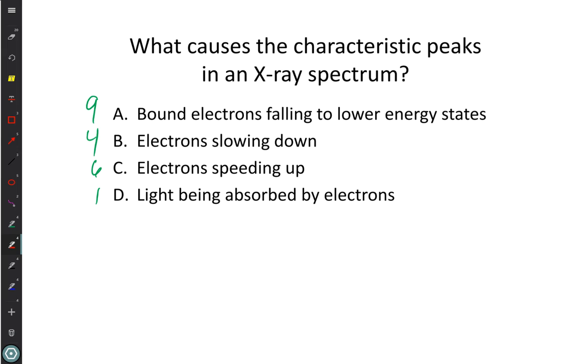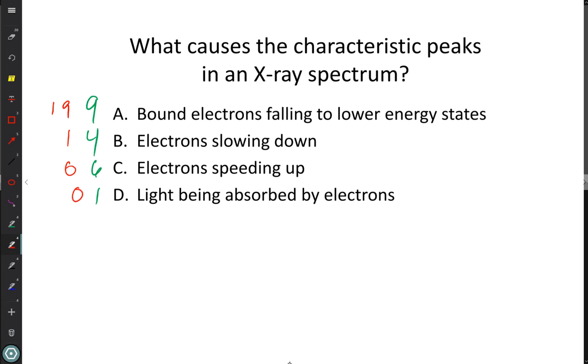There you go. Okay, so we had the second time a clear majority. And Hannah, your card got drawn here. Give what's going on to make the characteristic peaks. Did you say Hannah? Yeah.